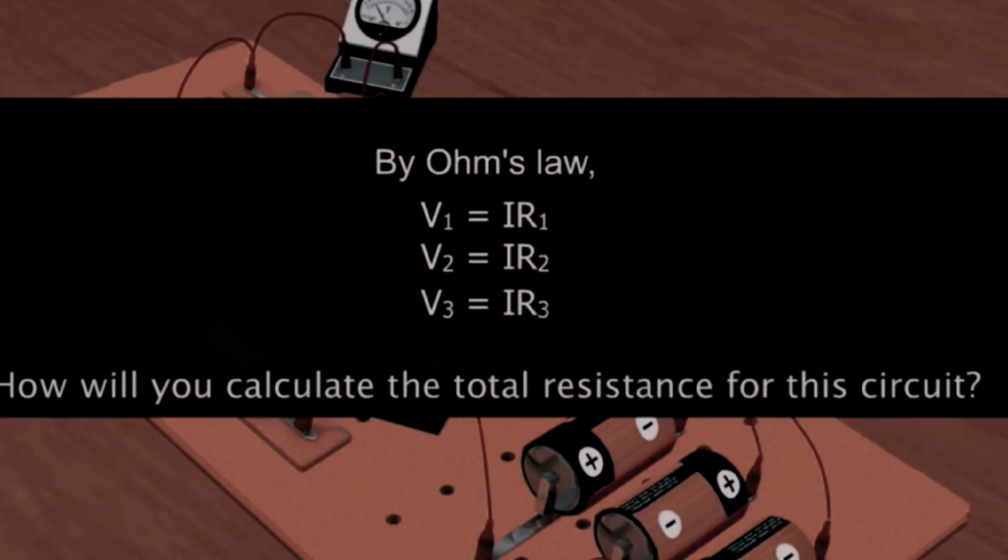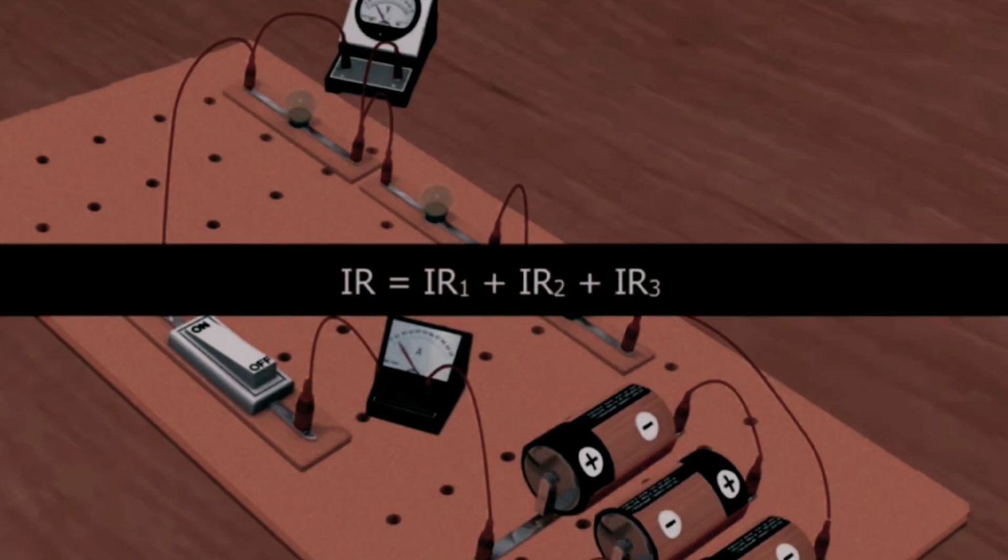How will you calculate the total resistance for this circuit? The total resistance of this circuit, IR, equals IR1 plus IR2 plus IR3. If the current flowing I is kept constant, then R equals R1 plus R2 plus R3.